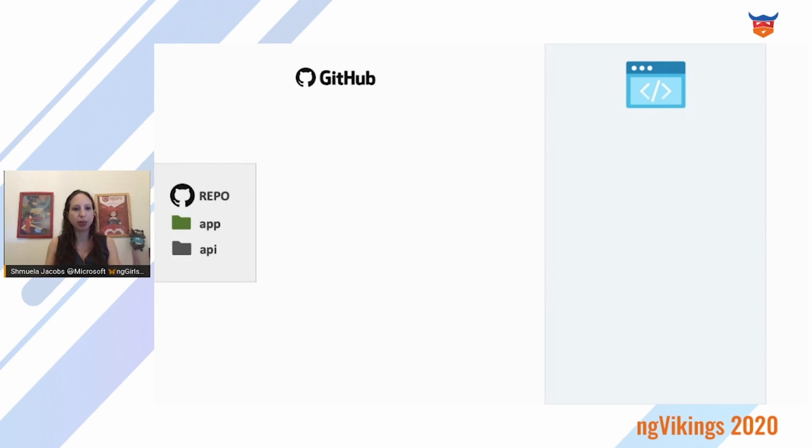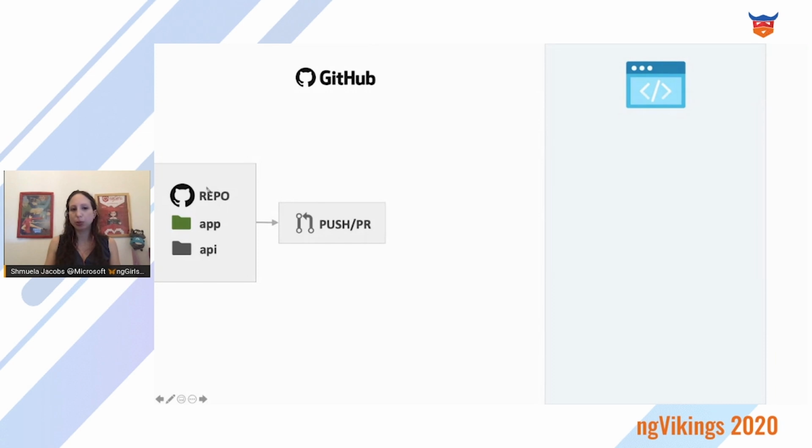So the flow is like you saw just now, and I'm going to dig in deeper a little bit. The flow is you have your repository, and you push it to GitHub. On the repository you have your application, which is the client side, and the API, which is the functions. I'll show you an example soon.